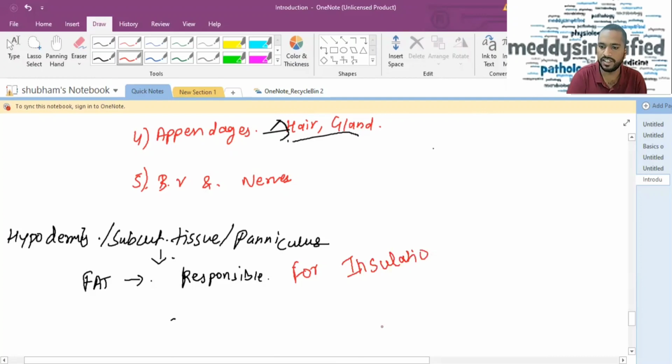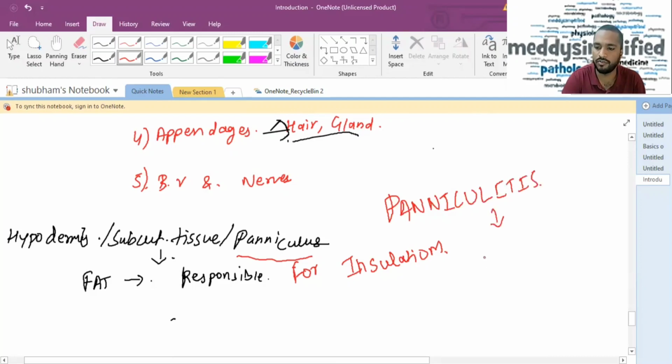One more thing, if any inflammation occurs at the hypodermis, it is known as panniculitis, that is inflammation of the hypodermis. So these are the important things to know about the hypodermis.